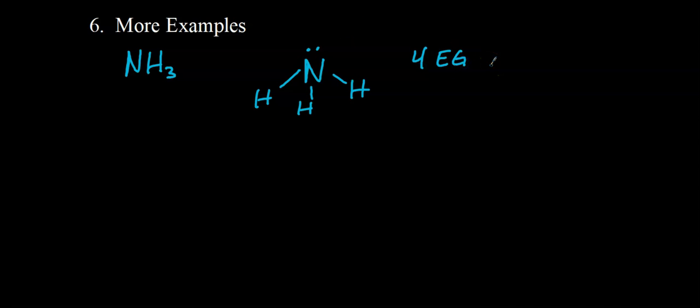Now, granted, they're not all bonding pairs of electrons, but it doesn't really matter. So we have 4 electron groups. The electron geometry is tetrahedral. So why does this have a tetrahedral electron geometry? Well, it must be that the central atom is sp3 hybridized.